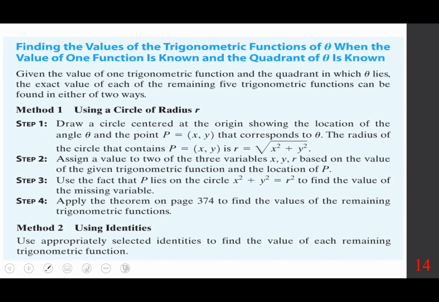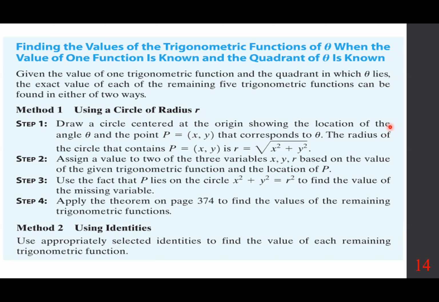Finding the values of the trig functions of theta when the value of one function is known and the quadrant is given. We can use two different methods. One of them, we use the circle of radius r. We draw a circle, x, y, or we come up with that using the square root of x squared plus y squared.